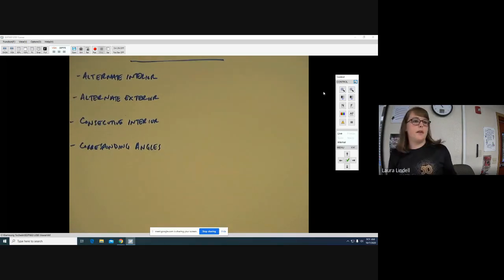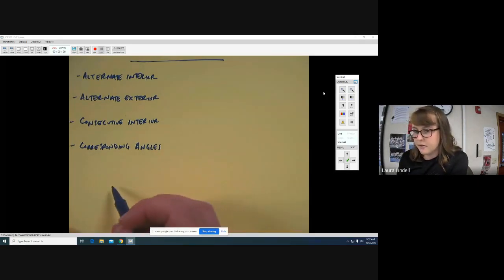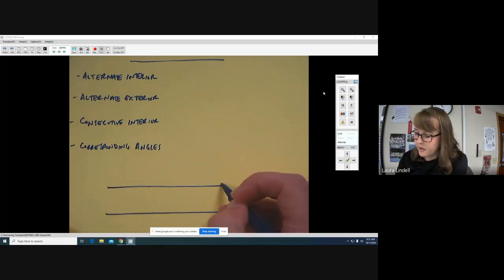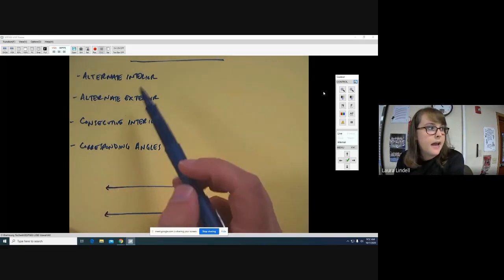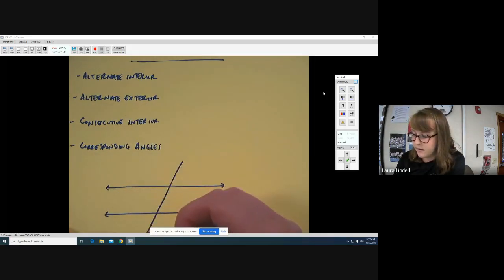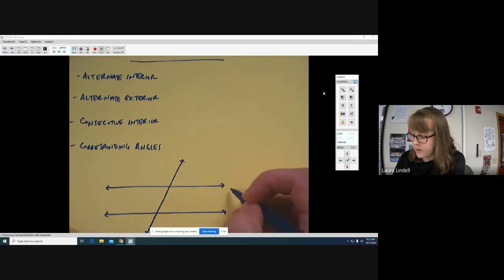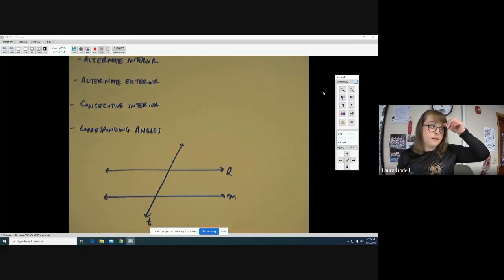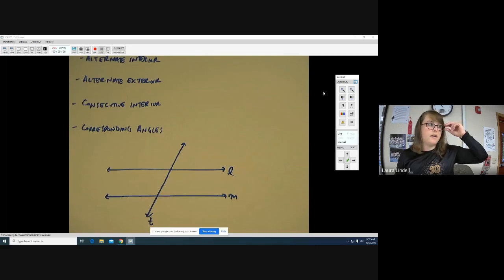And those angle relationships do something special when the lines are parallel. So if you're using lines and a transversal, when these two lines are parallel to each other, there's some special relationships that exist, some nice, convenient things that happen with all of these angle relationships. Okay.